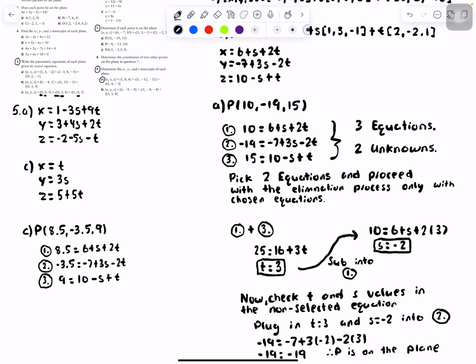Okay, so that's writing down all the parametric equations with the point P's components subbed in on the left-hand side. What can we do next?